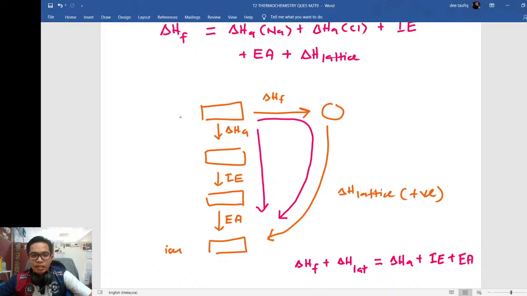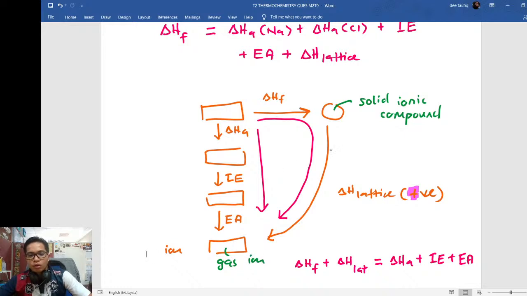Cuma yang nak kena ingat, if your delta H is positive sign, your arrow must from, okay, so this is our solid ionic compound, will go into, kat sini mesti gas ion.